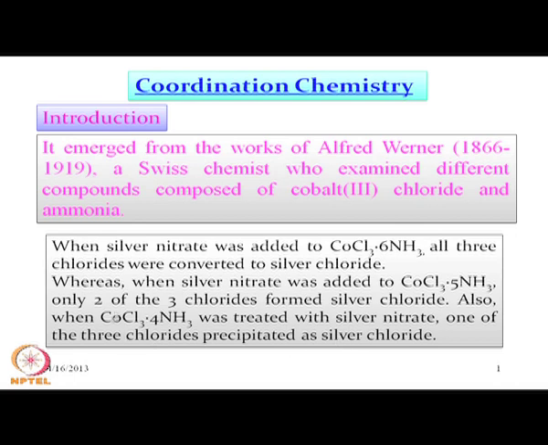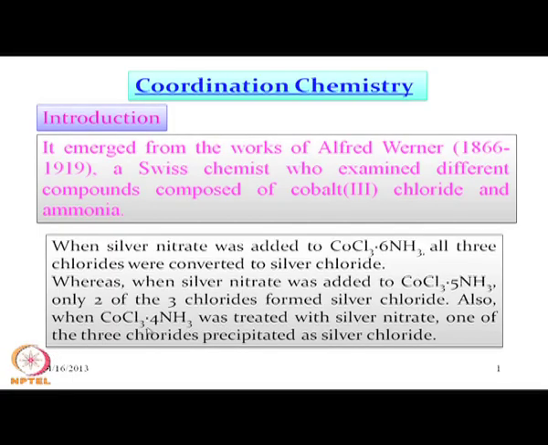That means we have 2 types of chloride groups present in these molecules. The type which is present as the ionic one can be removed by reaction with silver ion, and the type which is not present as chloride ion cannot be removed as silver chloride.